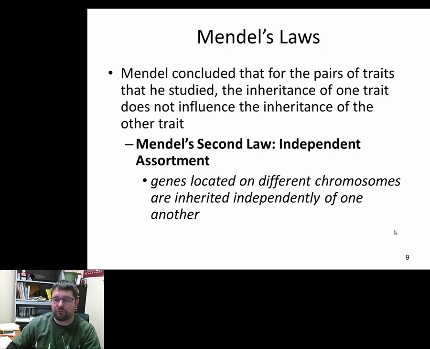And we'll come back to this and I'll talk to you about a couple individuals, Sutton and Morgan, Thomas Morgan and might be William Sutton, don't quote me on that, that came up with chromosomal theories that are basically identical to this, and that's where Mendel was getting at with Mendelian law.